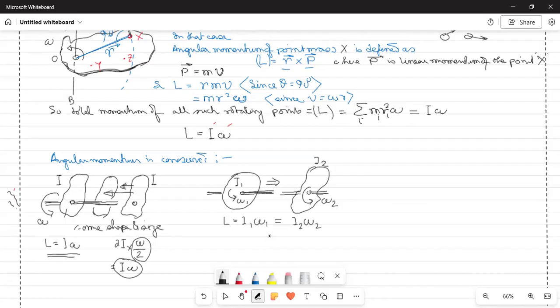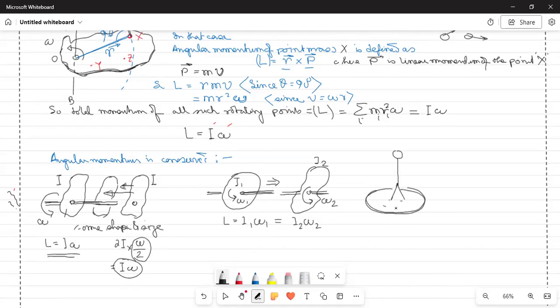It's a practical example. Say there is a man here. Once again, let me say I'm not a very good artist. The man is standing on a rotating disc.